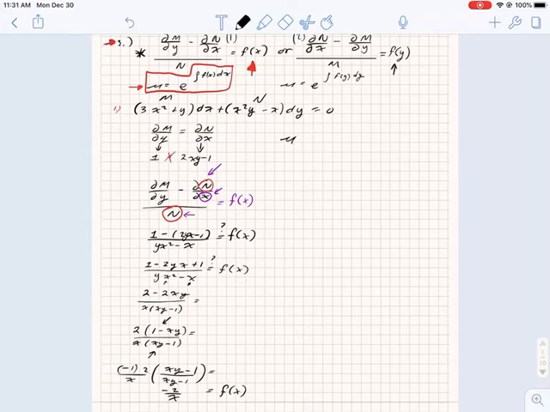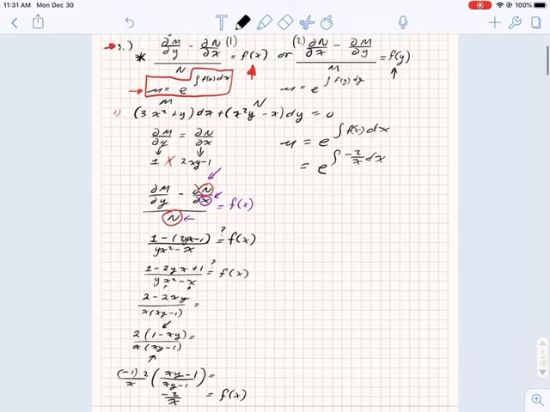So using that formula, mu is equal to e to the integral of f of x dx, where f of x is negative 2 over x.